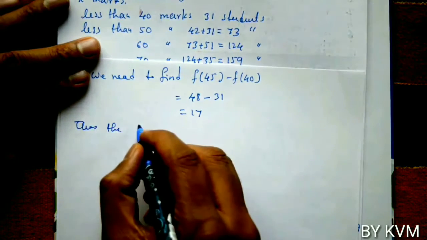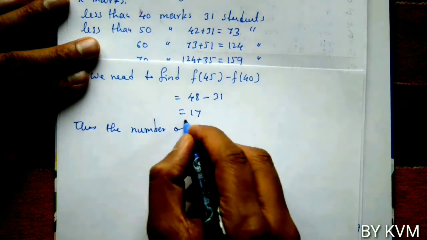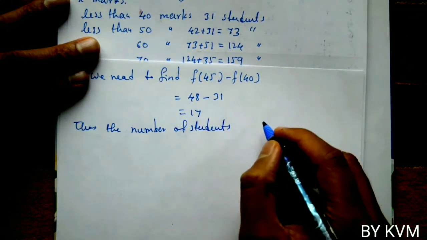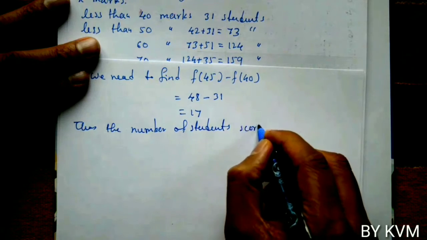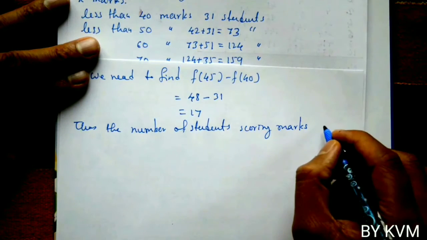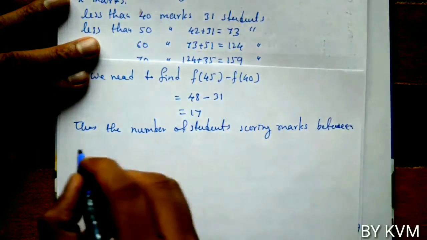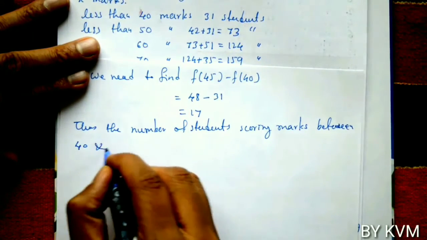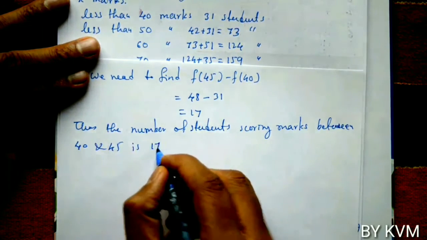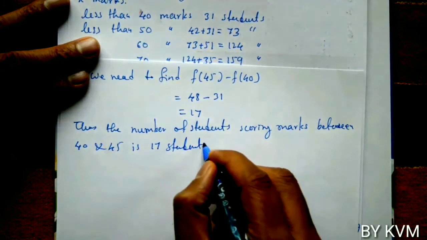Thus the number of students scoring marks between 40 and 45 is 17 students.